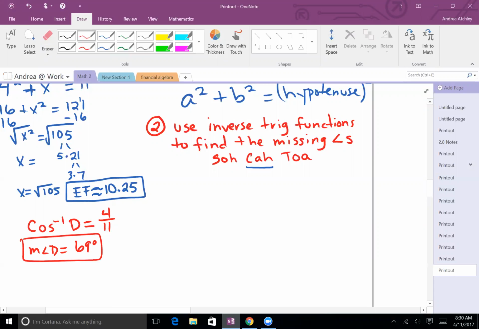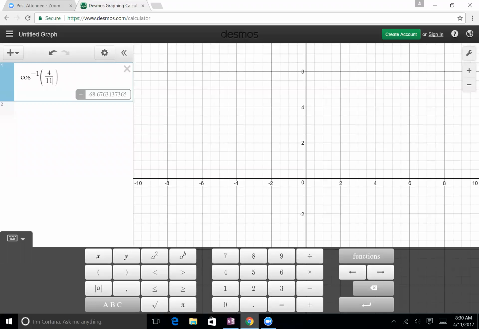Any questions over that? Are we always going to round to the nearest whole number? I would, for the degrees, round to the nearest degree.